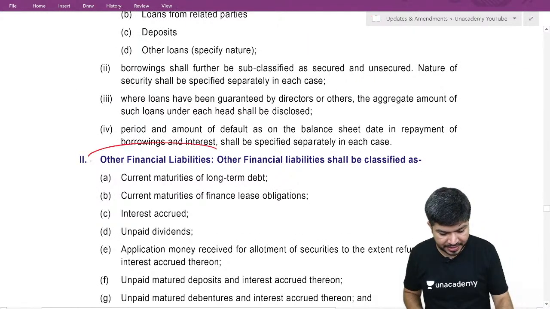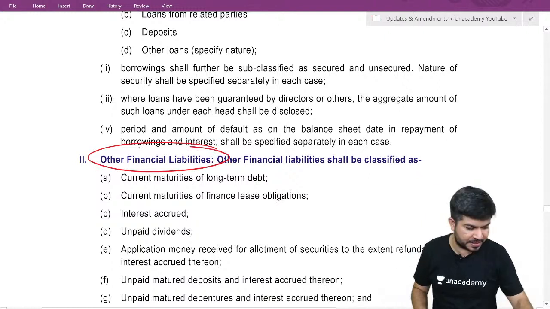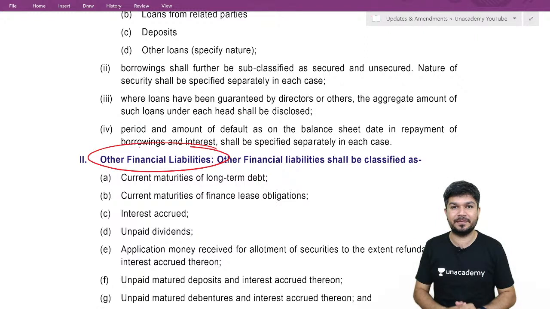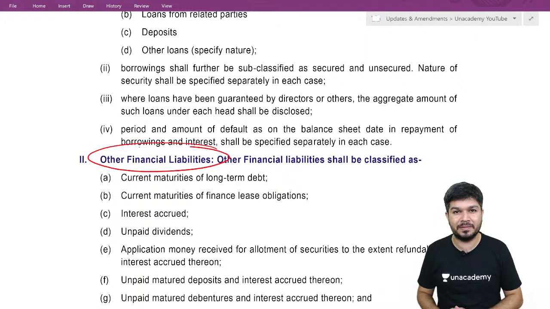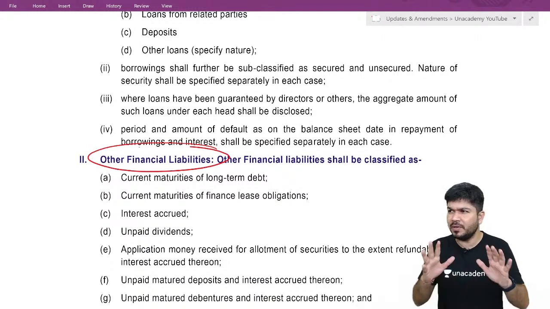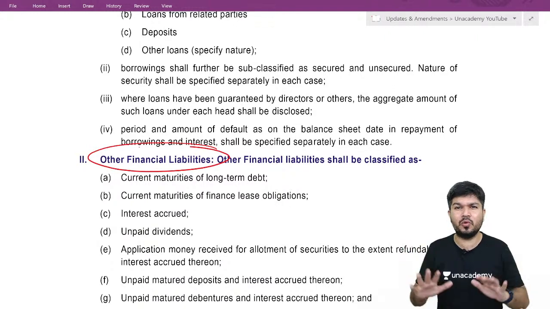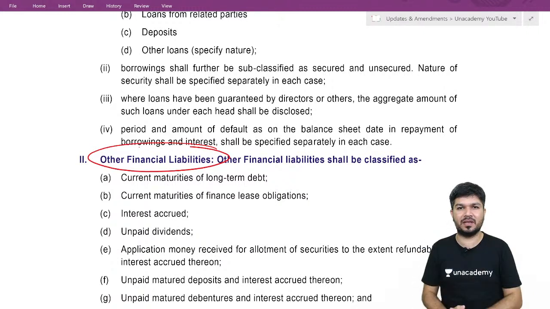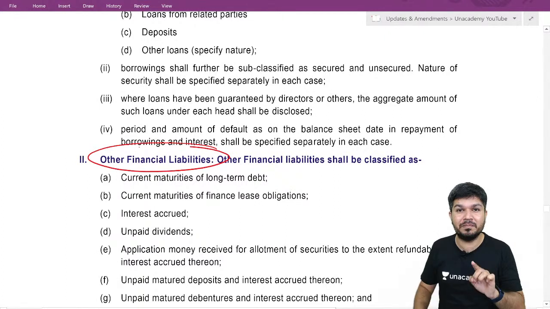Okay, next we have this other financial liability. Most of the items which were coming under other current liability have now come under other financial liability. Like we have a loan of 5 years, remaining period is 6 months. Now that will be a current liability.